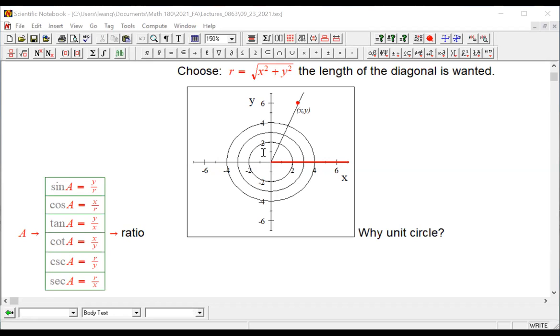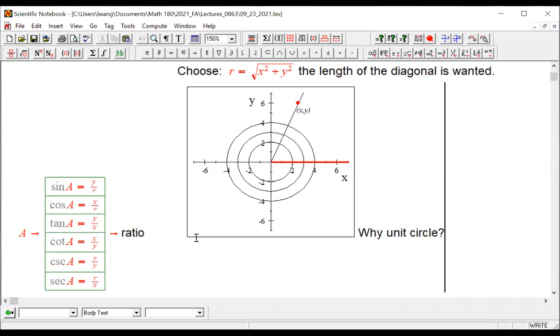And then he figured out these similar triangles, and he realized, voila, if I work this on a unit circle with radius equal to 1, it will significantly reduce the amount of calculation I have to do. That's why we choose unit circle.